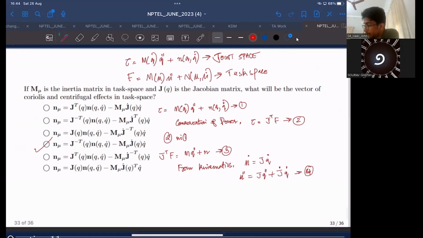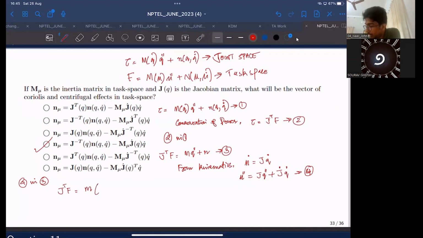So again, substituting 4 in 3, we will get J transpose F is M of, instead of Q double dot, I am substituting this entire expression.